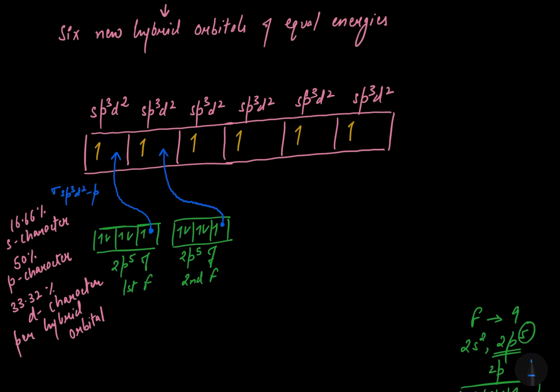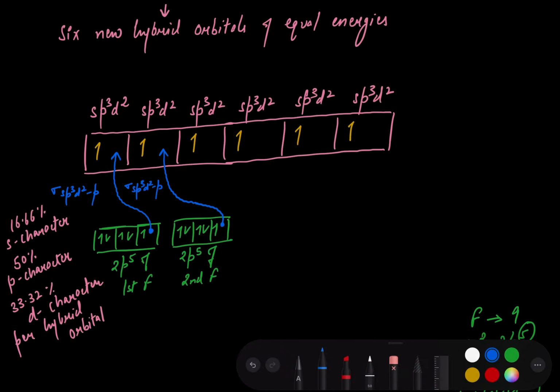So this will be again sigma sp3d2p, because this sigma bond has been formed by head-on overlap of sp3d2 hybrid orbital of sulfur with the p orbital of fluorine. Let's come to the third fluorine.